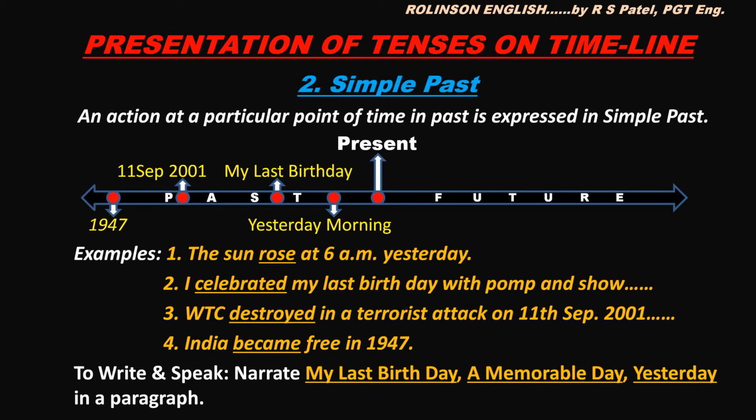You can notice on the past side there are 4 points marked. They are yesterday morning, my last birthday, 11 September 2001 and 1947. See the examples, how these examples refer to these points of time.